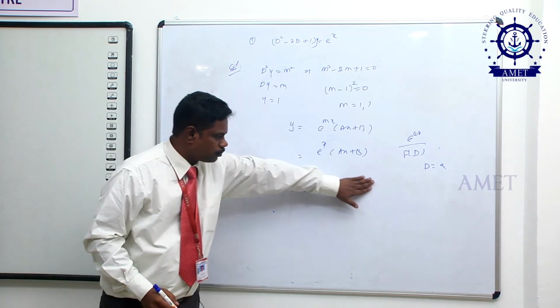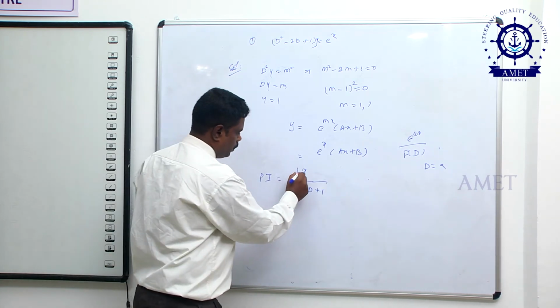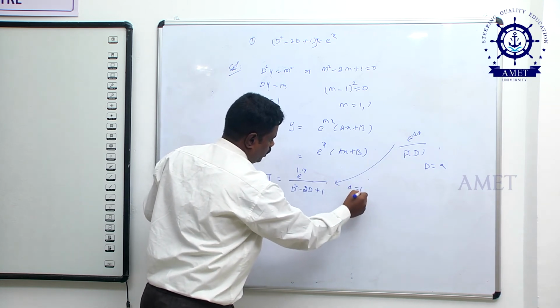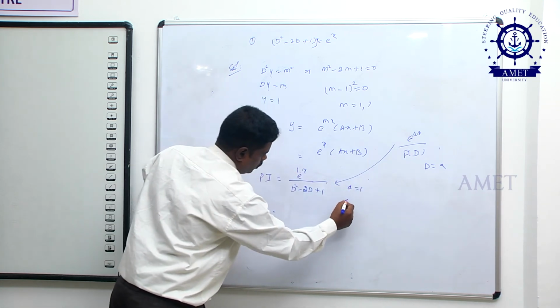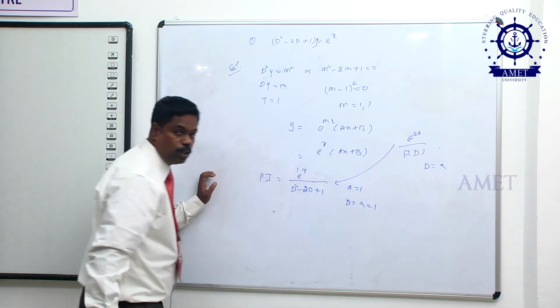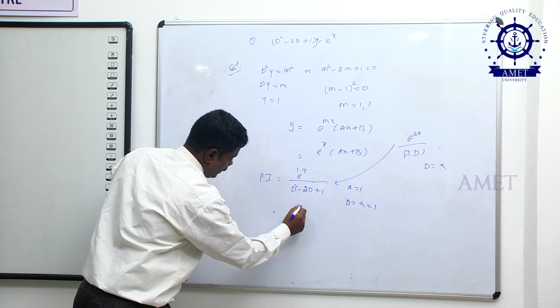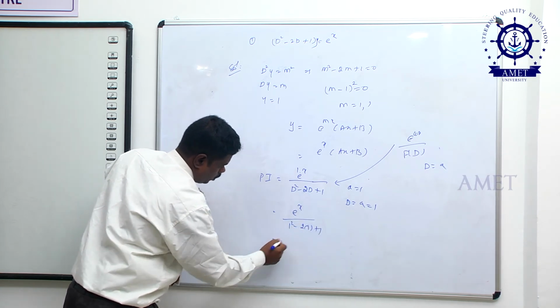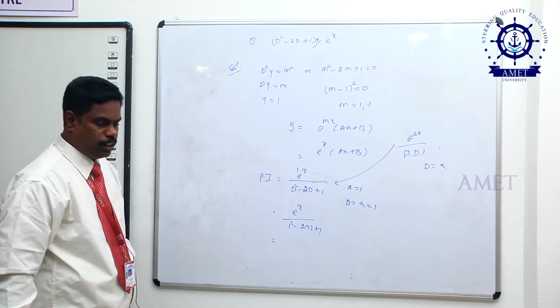Comparing with this expression, a equals 1. So substituting D equal to 1, we get e power x divided by 1 squared minus 2 into 1 plus 1. So what is happening here? The denominator tends to 0.